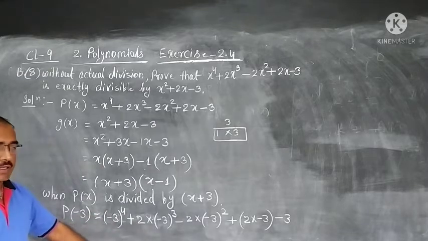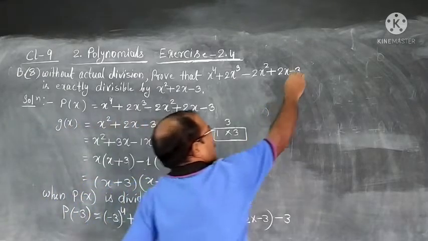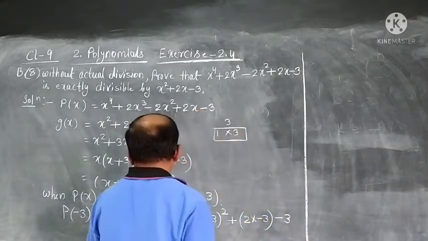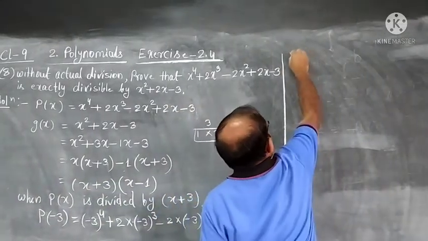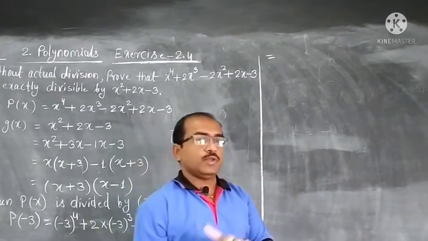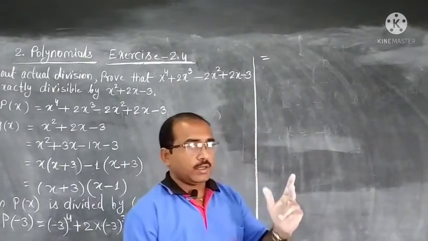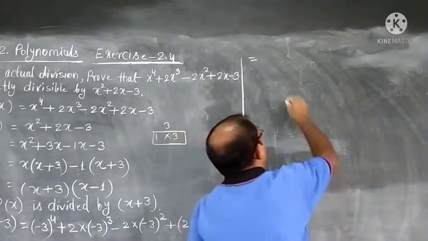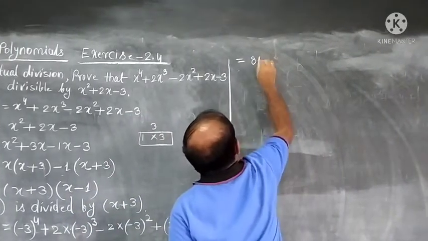Now, we will simplify it. Let us see that work. (−3)⁴: minus will change into plus, 3 to the power 4, 3 threes are 9, 9 threes are 27, 27 threes are 81. So, we get 81.